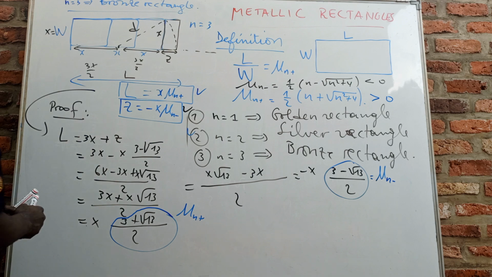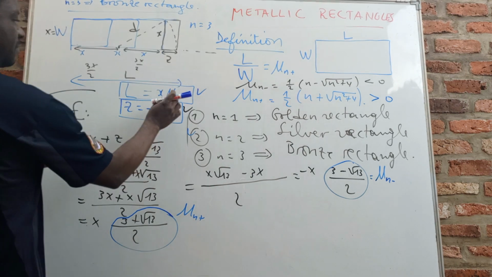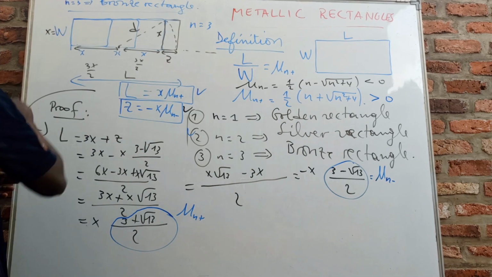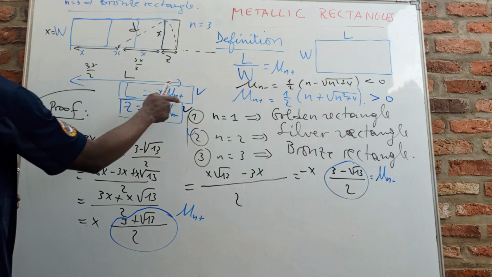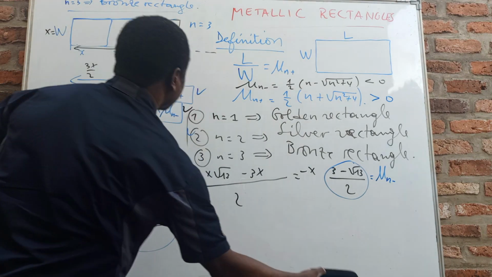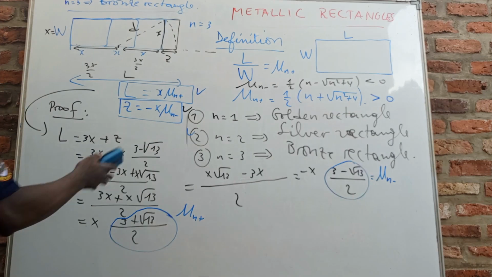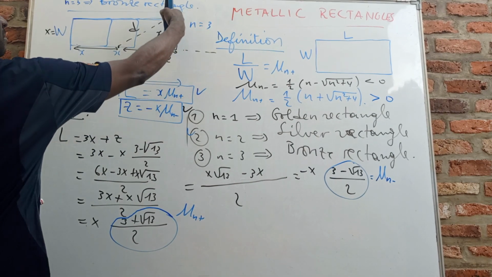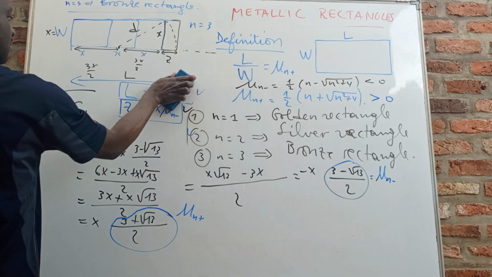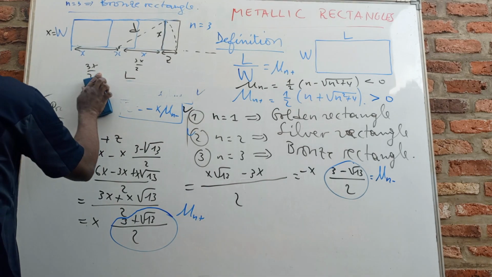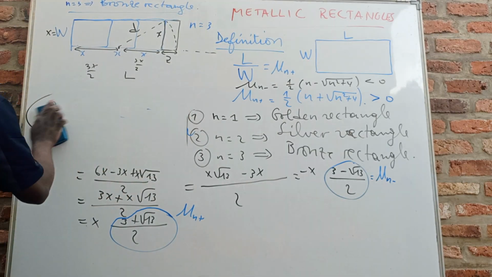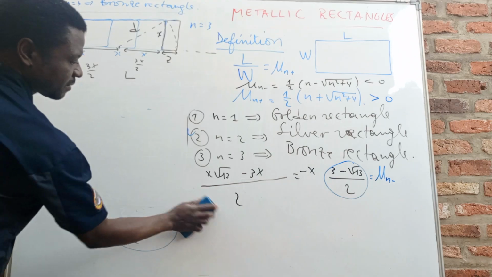Now what is left? We have proven that if we take this length and divide by the width, which is x, we get exactly the metallic ratio. Next we can prove that this small rectangle is also a bronze rectangle.